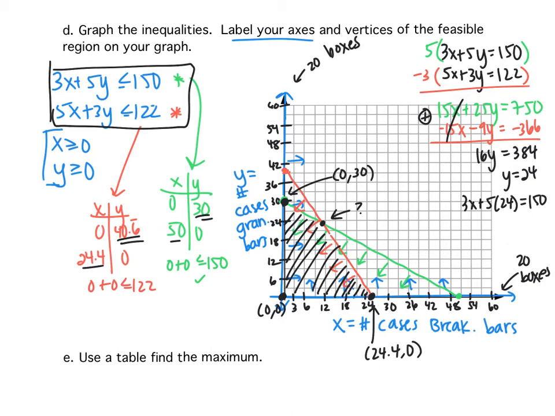So 150 subtract 120 is 30. 3x equals 30, which gives me x equals 10. So this point here is 10, 24. Again, you can't just guess. We need to actually solve the system so we know that that is definitively the correct point.